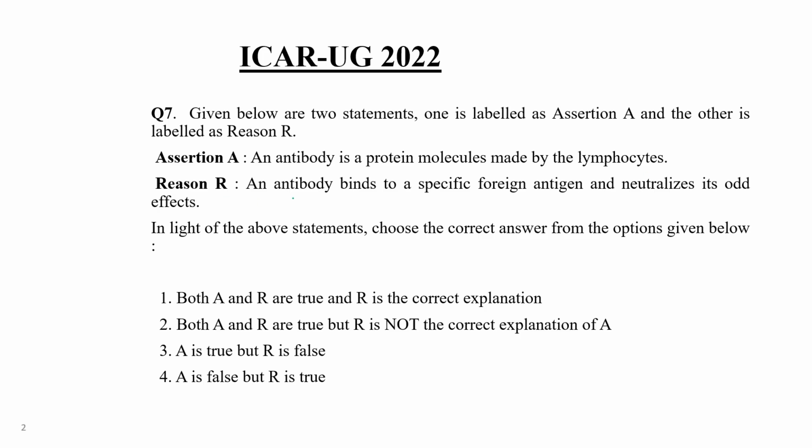Reason R: An antibody binds to a specific foreign antigen and neutralizes its effects. Yes, but this is not the explanation of assertion A. According to me, both statements individually are correct, but this reason R is not the correct explanation of assertion A. So the second option, in which both A and R are true but R is not the correct explanation of A, is the correct answer. Clear? So choice number 2 would be the correct answer.